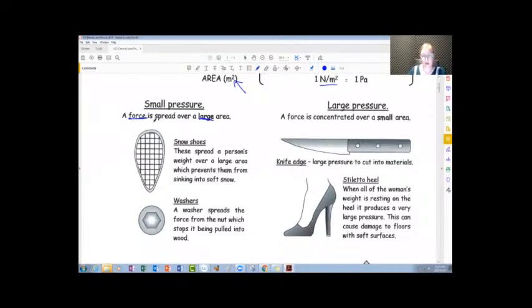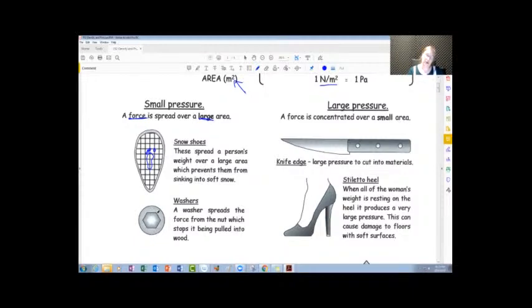If we look at snowshoes, when you put them onto your foot, they spread out the weight of your foot over a very big area, which keeps you from sinking into the snow.